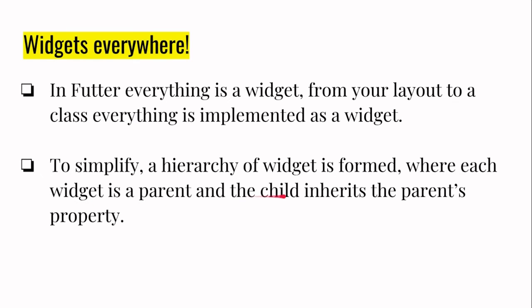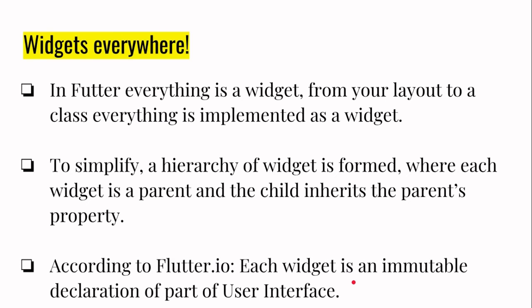You will implement a widget and then you can implement a widget inside it. The first widget will be known as the parent, and the widget inside it would be considered the child, which would inherit its parent's property. According to Flutter.io, each widget is an immutable declaration of part of the user interface.